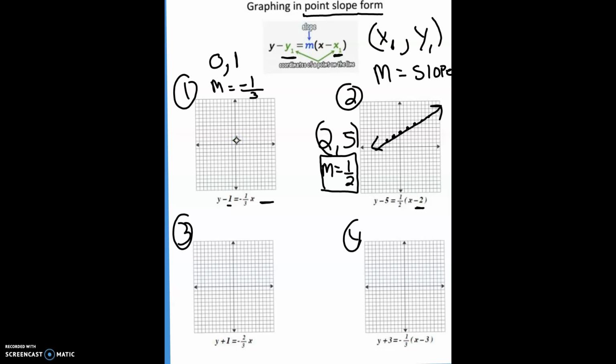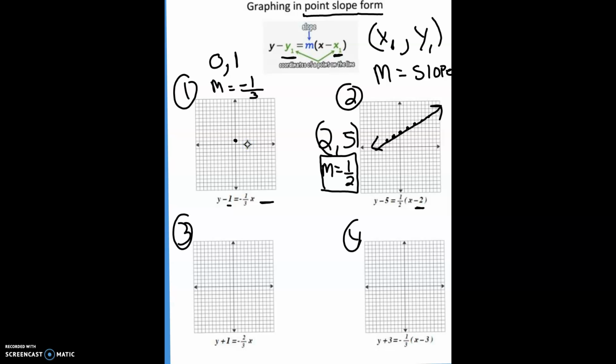And then I'm going to go down 1 and to the right 3, 1, 2, 3. Down 1 over 3, 1, 2, 3. Got a very sensitive pen here.